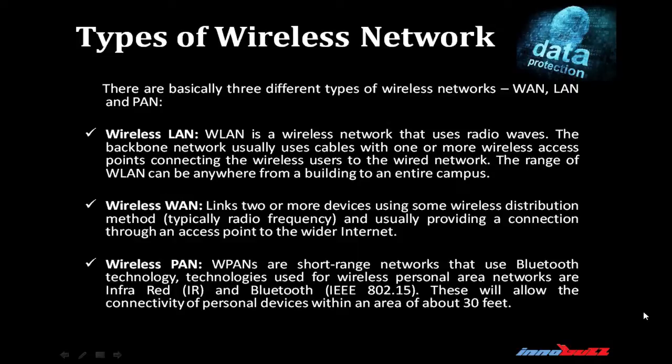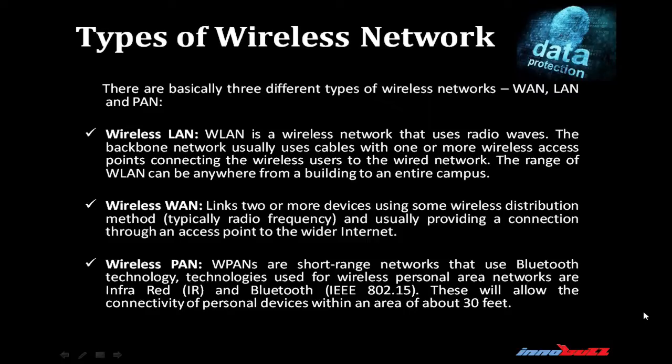There are basically three different types of wireless network: LAN, WAN, and PAN. Wireless LAN. Wireless LAN is a wireless network that uses radio waves. The backbone network usually uses cables with one or more wireless access points connecting the wireless user to the wired network.